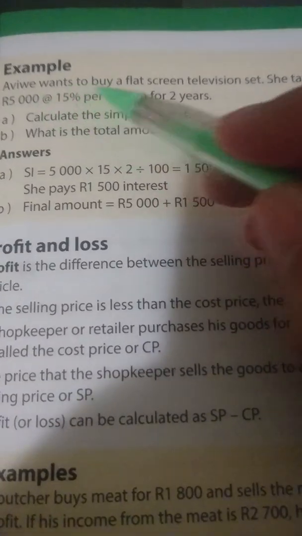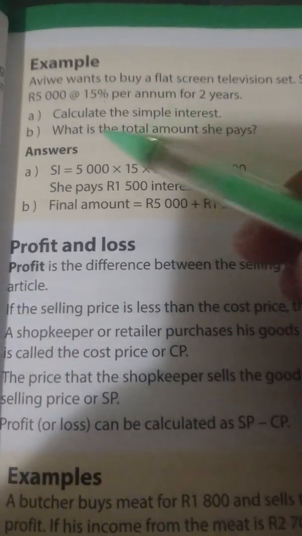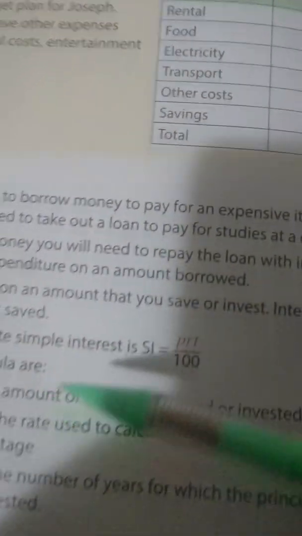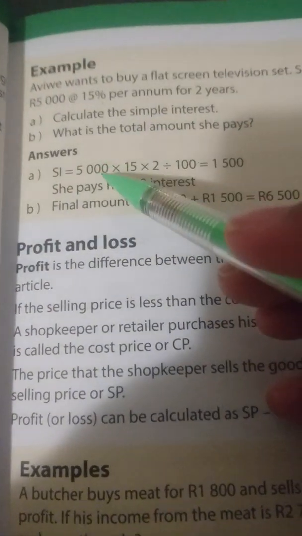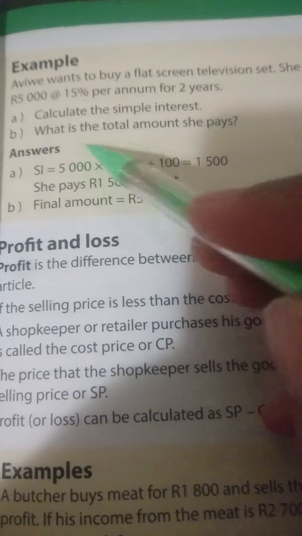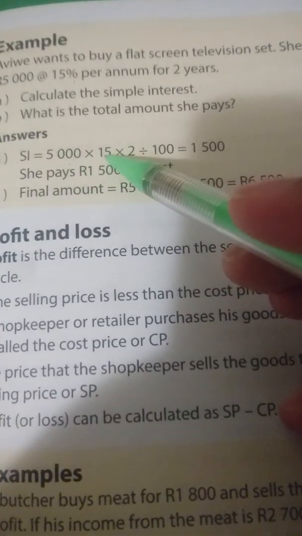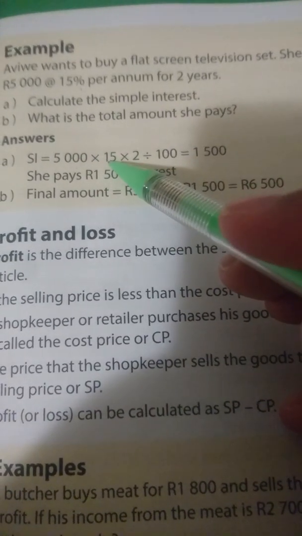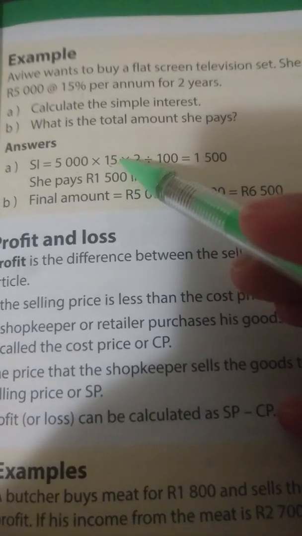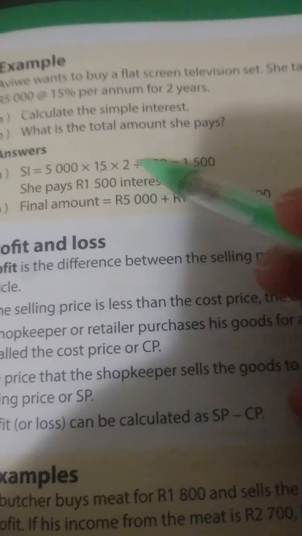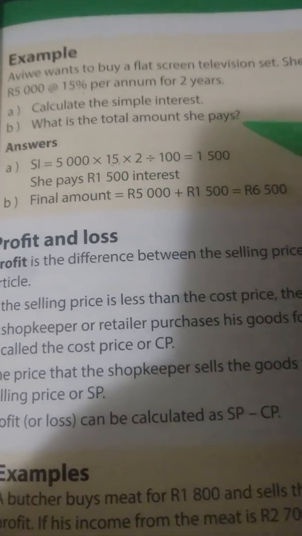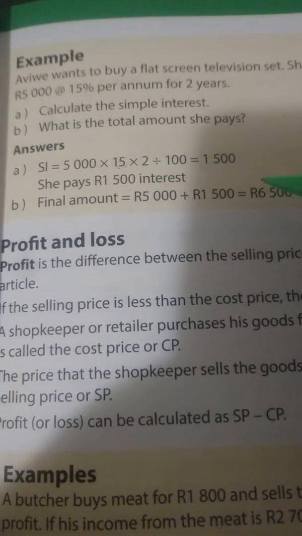So here PRT. Calculate the simple interest. Here's our formula: SI equals PRT over 100. Here is our principal amount, rate 15% per annum. Because it's already a percentage, you just write it as 15 times 2, which is our T, and divide that whole thing by 100, and you'll get an amount of 1,500.